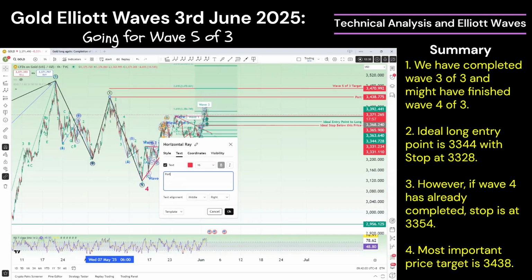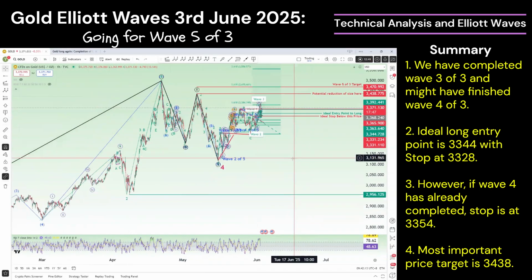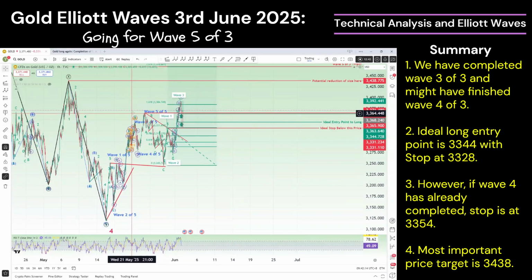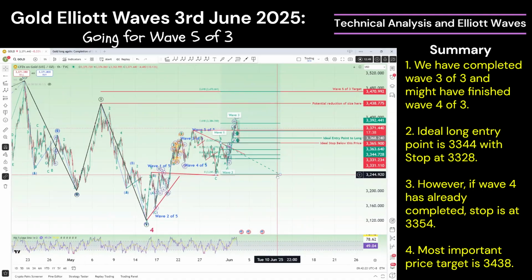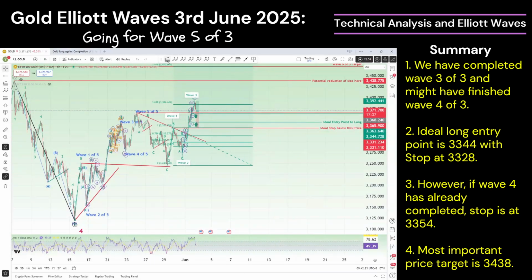Reduction of size here. Okay. So once again, wave 1, wave 2, we are going to a wave 3. Yes. So one more thing that I want to test over here is, so wave 1, 2, 3, whether this wave 3 is at least 1:1.